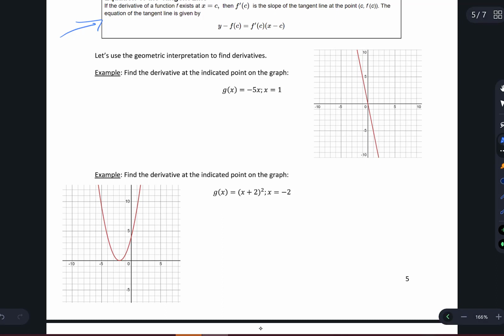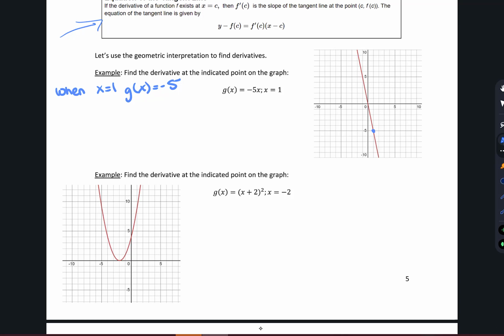Notice when x is equal to 1, we have that y is equal to negative 5.